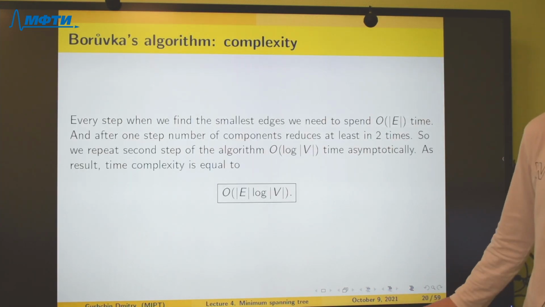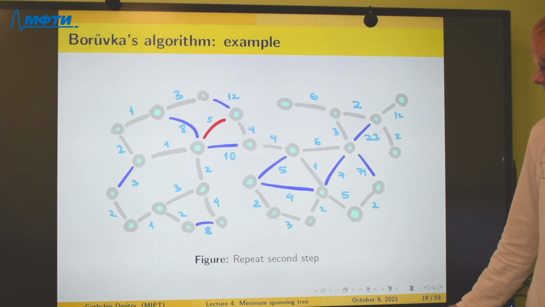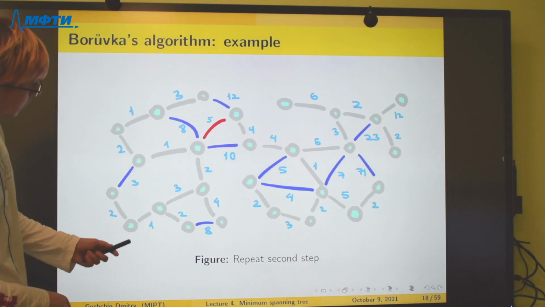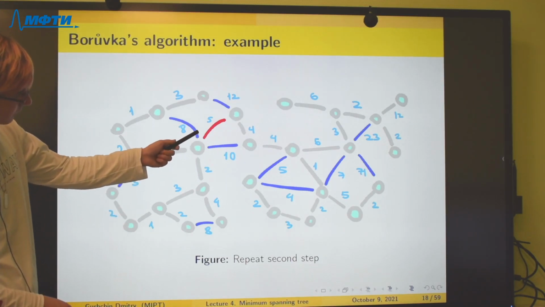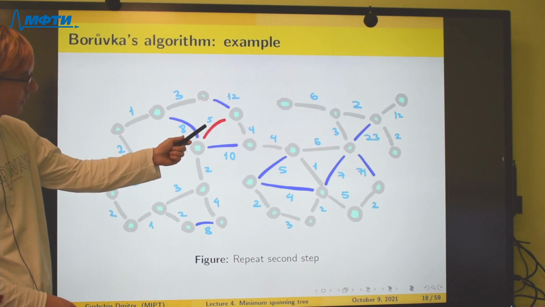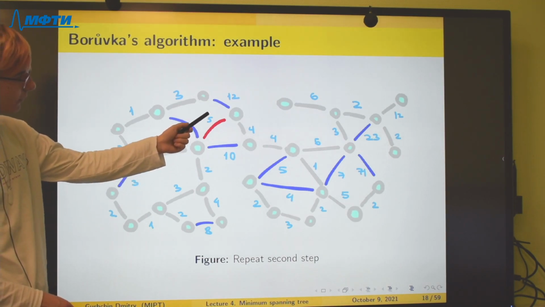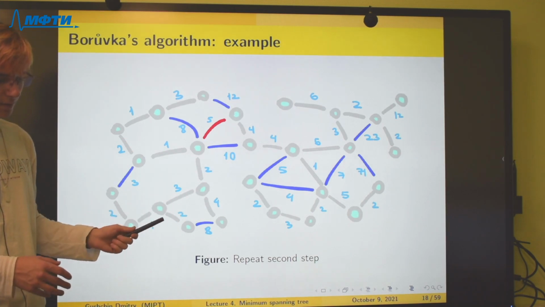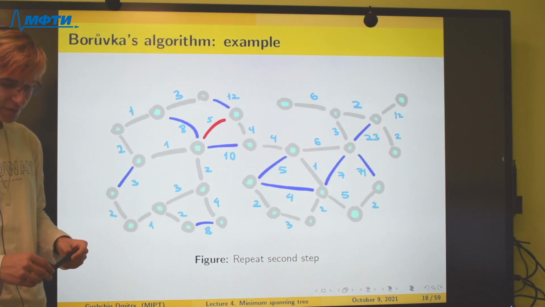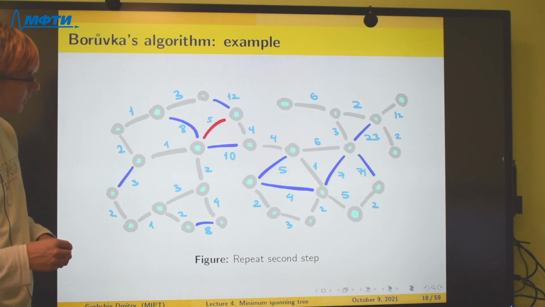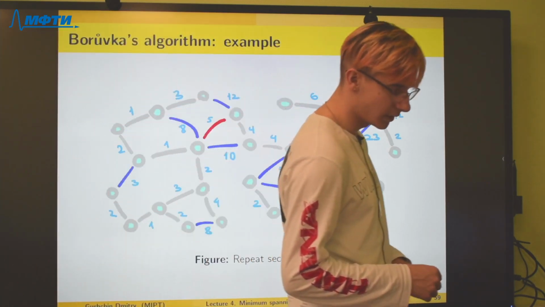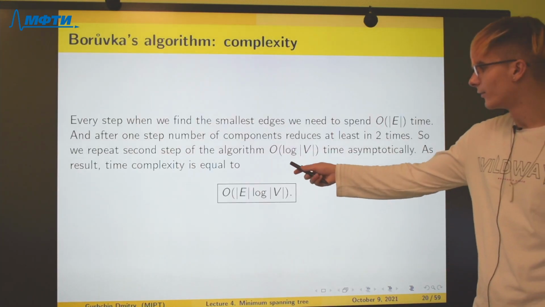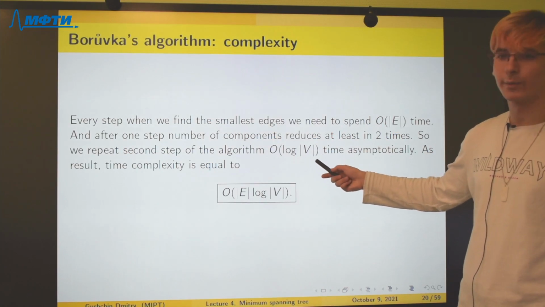Firstly, yeah, we can say that in each step we repeat finding the edge with the minimum cost for every component. So the number of steps is asymptotically equal to O of logarithm of the number of vertices.